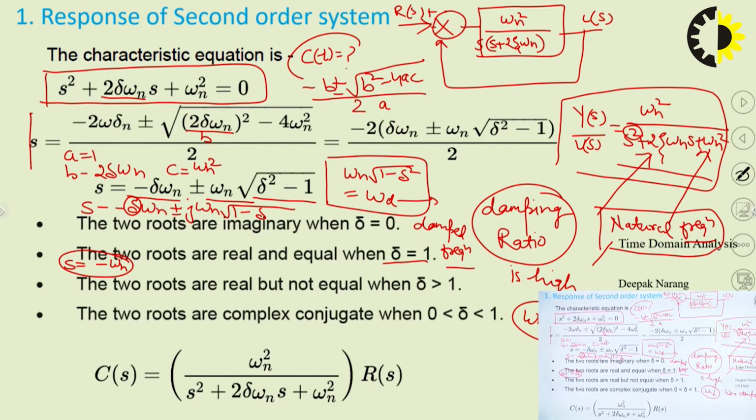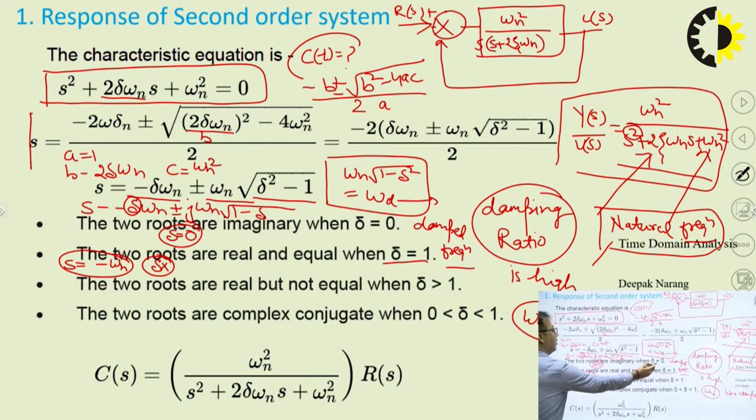So we are getting real and equal roots when zeta is equal to 1. We can see there is no term of damping in this situation when we are having damping as 1, and the system roots are completely a function of natural frequency. So in such a situation, the system may have only the factor omega n.